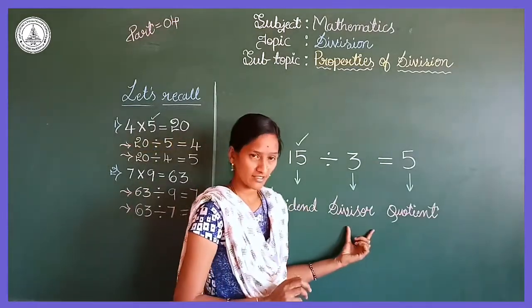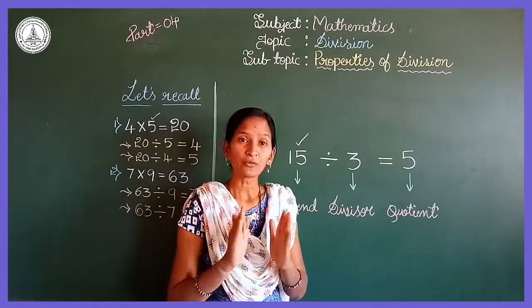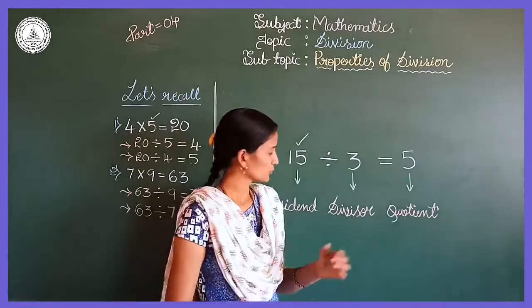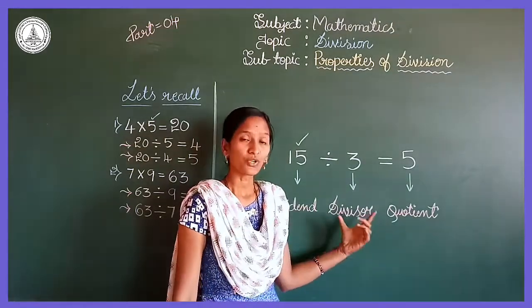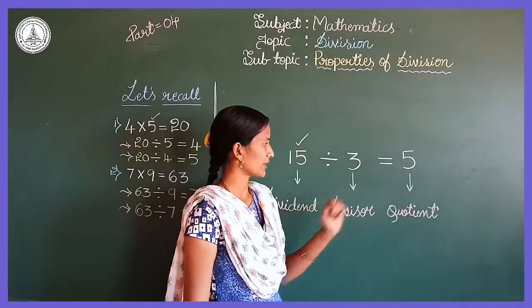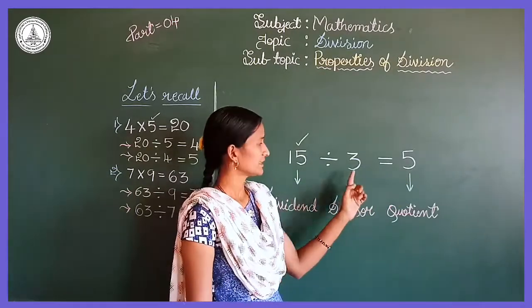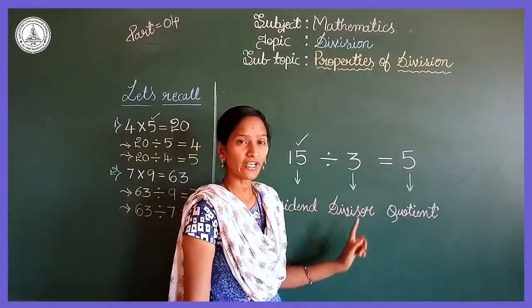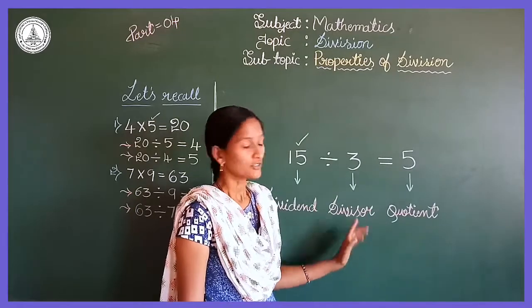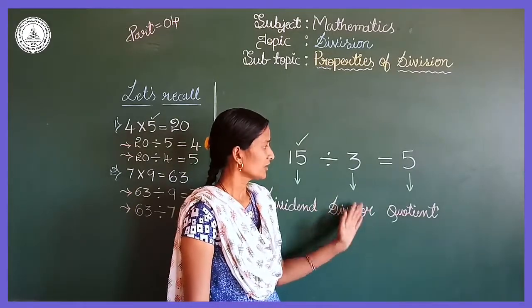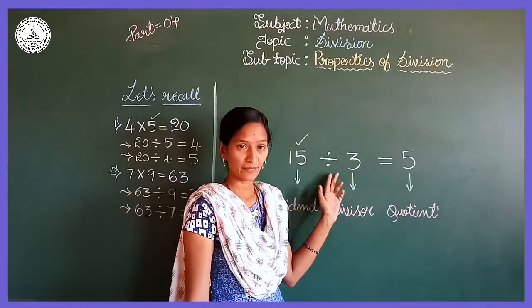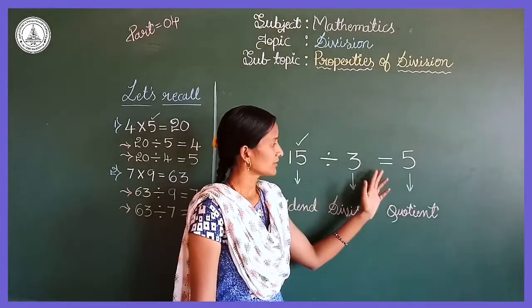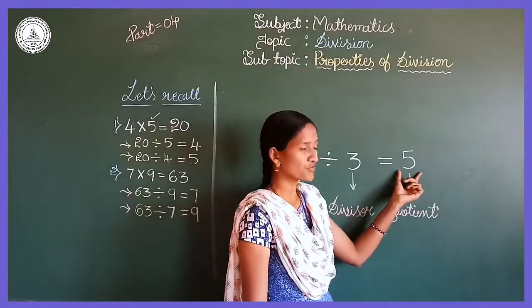Now come to the divisor. The number by which we divide is called a divisor. In this problem, the middle number, this 3, is called a divisor. This divisor we write after the division symbol. Now come to the last one, this 5.